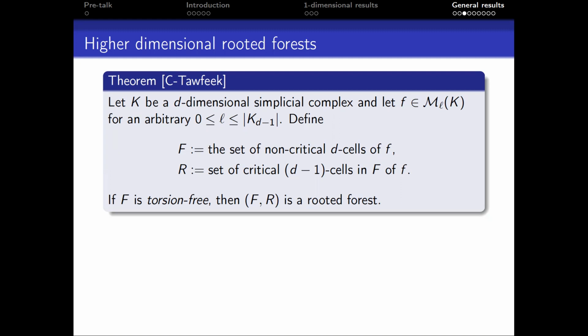And if F is what is called torsion-free, that is a topological condition, basically related to some homology groups with coefficients in Z mod 2, then it's a rooted forest. Not all the pairs of F and R will give you Chaiken, Kleitman and Bernardi's version of a rooted forest, but if we have this condition, then it works.